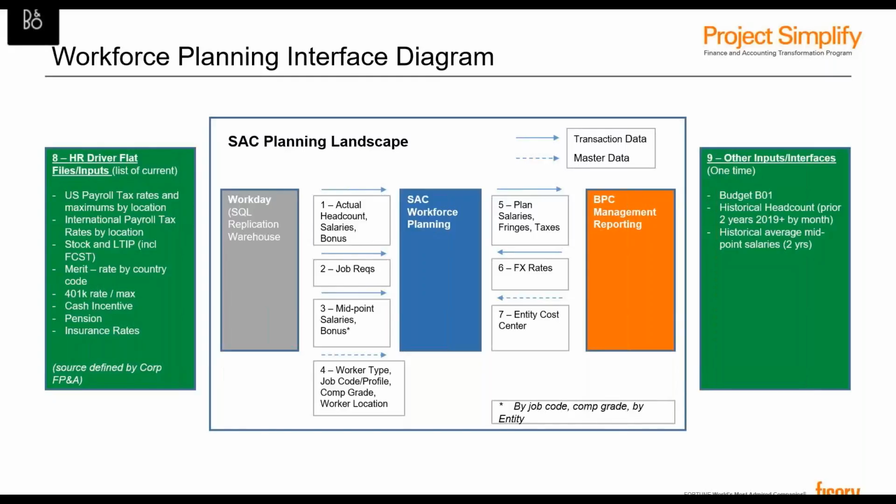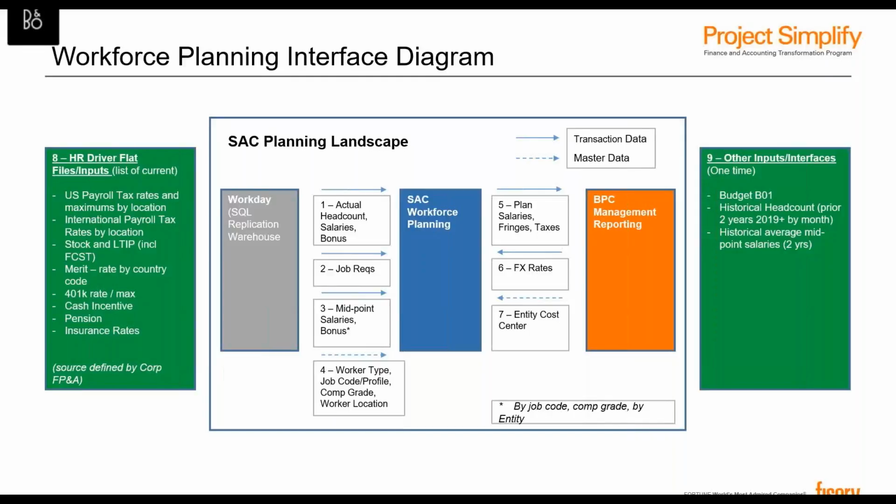Apart from these two systematic integrations, we have the flat file loads. Most of those, as you can relate to the drivers we talked about, are global drivers: tax rates, merit, 401k, bonus, the pension applied in some international regions.